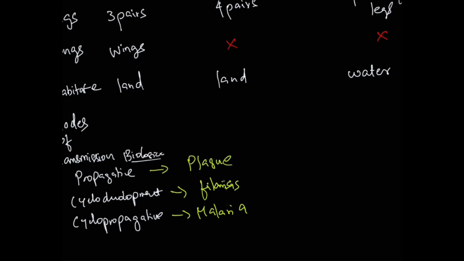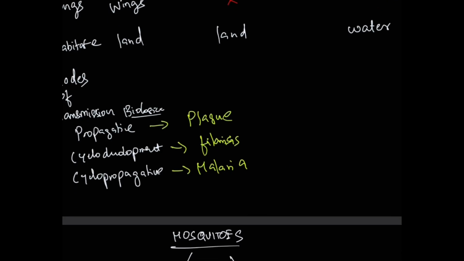Cyclo-developmental: filariasis is the best example, because in filariasis the microfilaria appear at night, so samples are taken at night from filariasis patients. Cyclo-propagative: as you studied in malaria, merozoites change into gametocytes, so the shape will be changing.